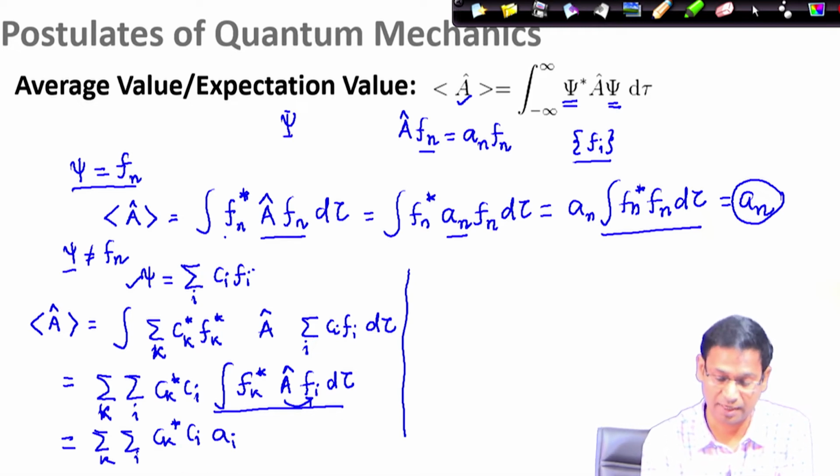So, I am bringing it out because this is an eigenvalue, and I am left with f k star f I d tau.